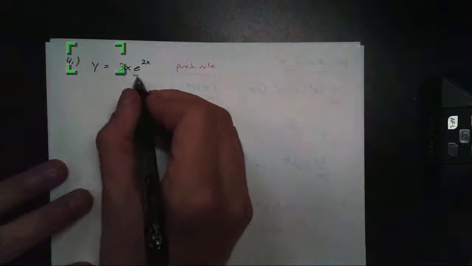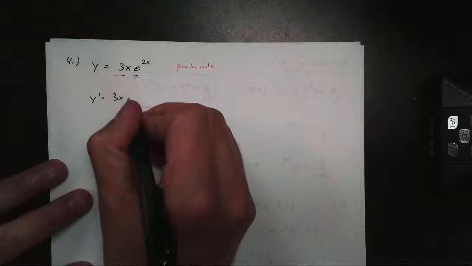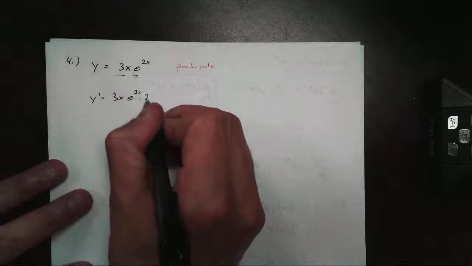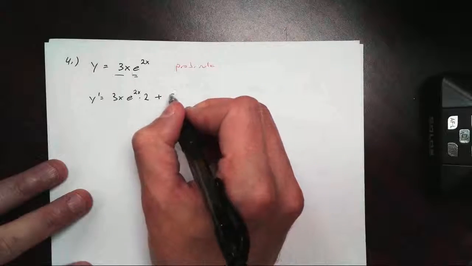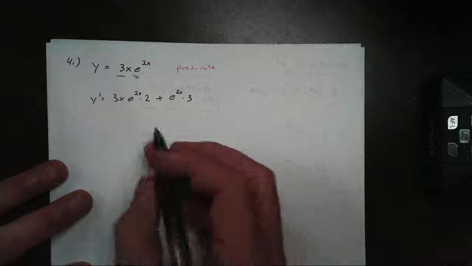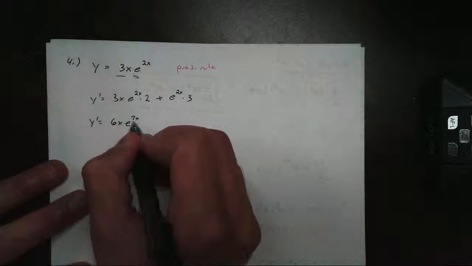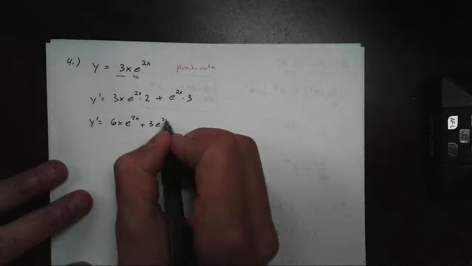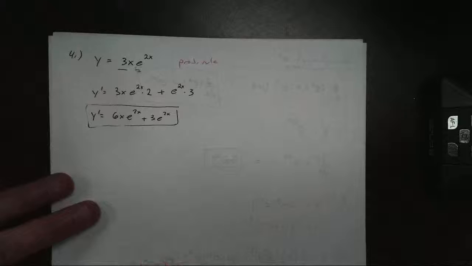So when I take the derivative, we take the first times the derivative of the second, e to the 2x times 2, don't forget your chain rule, plus the second, e to the 2x, times the derivative of the first. And there's your answer. You can clean it up if you want to: 6x e to the 2x plus 3e to the 2x. And there's your answer right there.